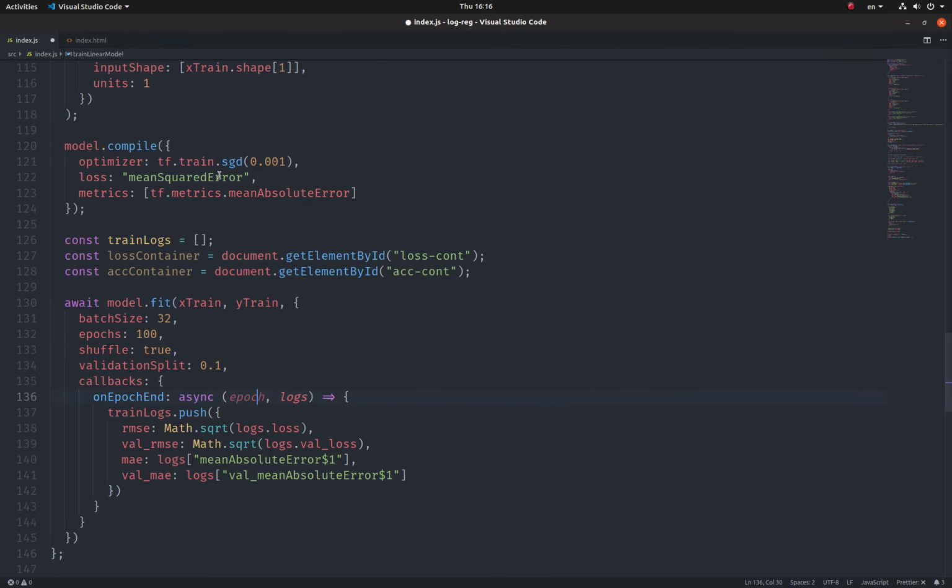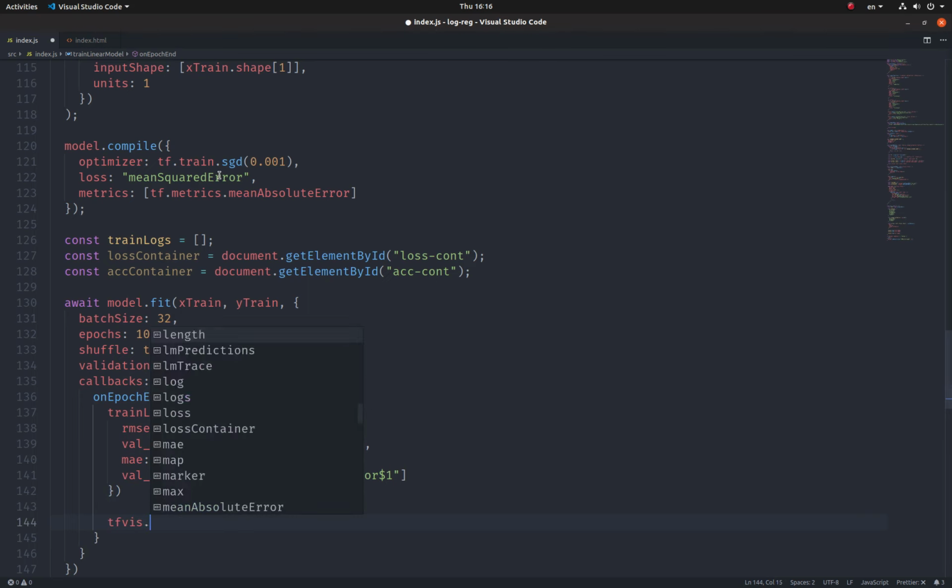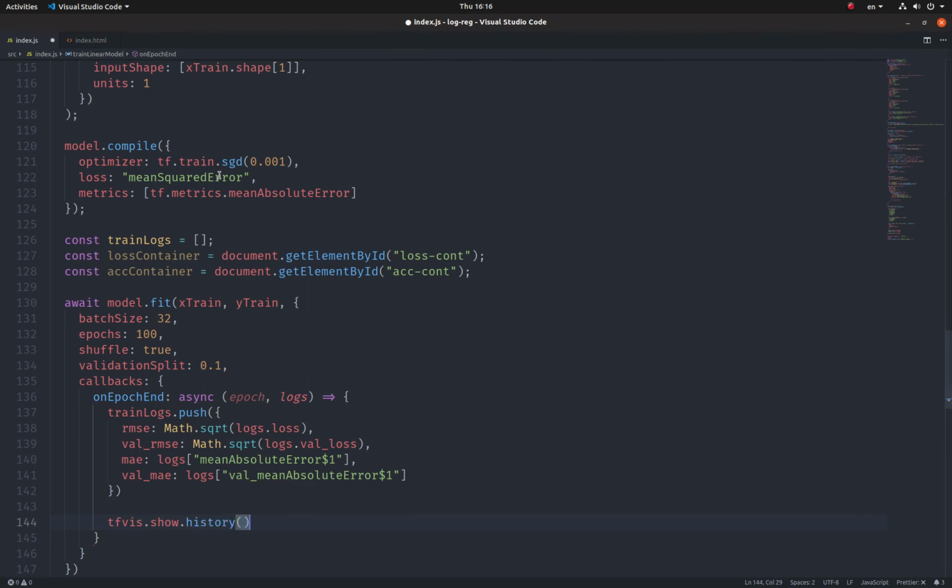Okay, so we have the training logs in here, and then I'm going to use tfvis to show the results. And in the first one I'm going to request the root mean squared error and the validation root mean squared error, and for the next one I'm going to use the accuracy container, and in here I'm going to use the mean absolute error and the validation mean absolute error.